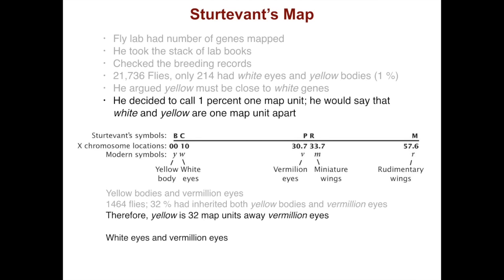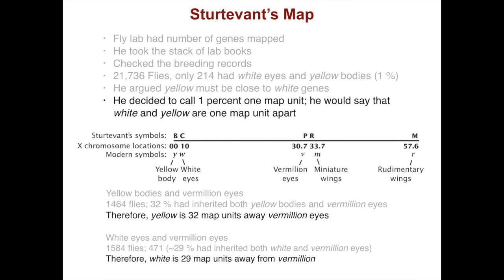And he found that that occurred about 29% of the time. And all of these things are done with crosses where these genes are not on the same chromosome. There must be some sort of exchange going on, so there has to be recombination. So he used this information to figure out that white was 29 map units away from vermilion.